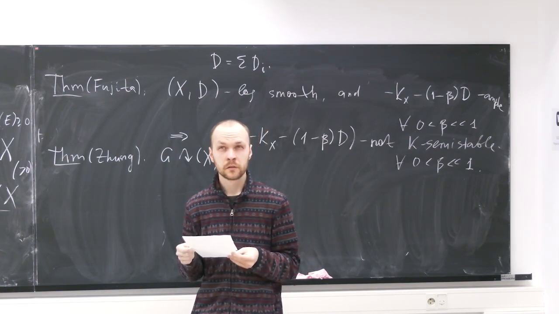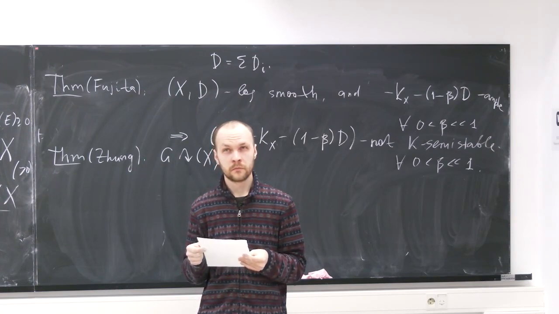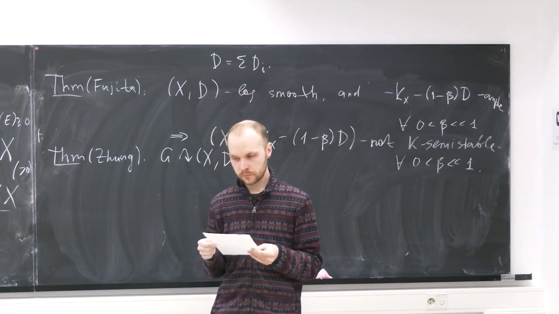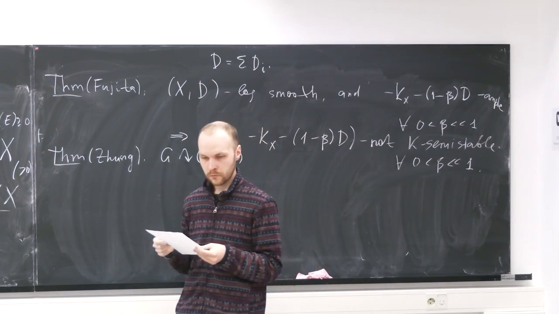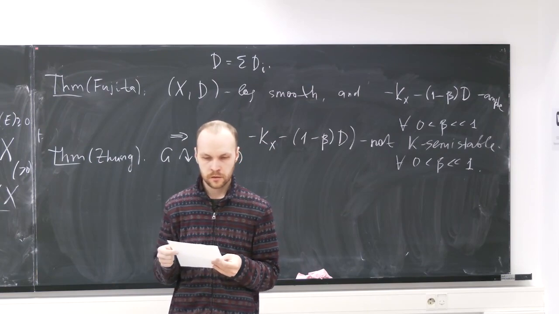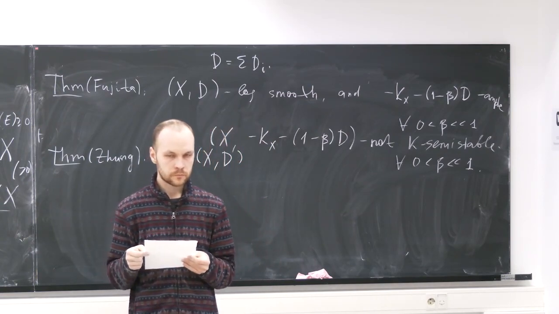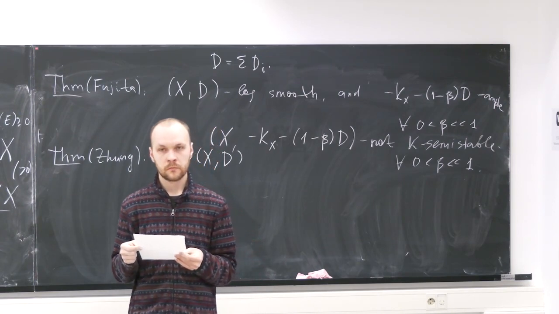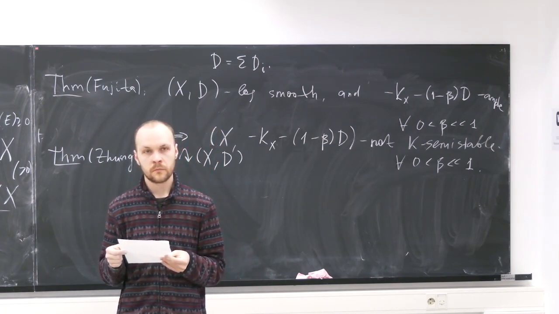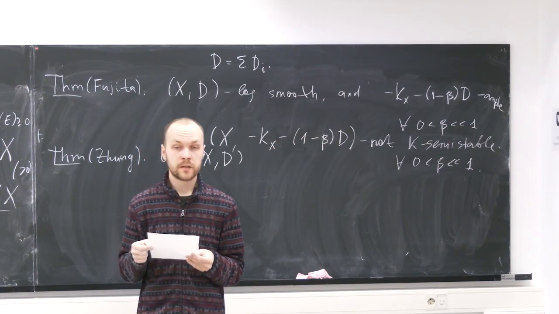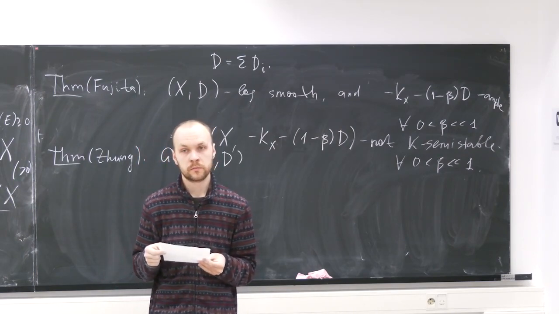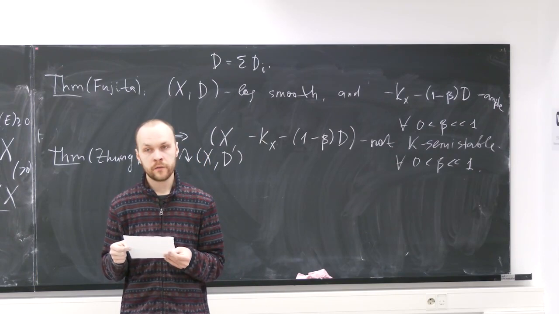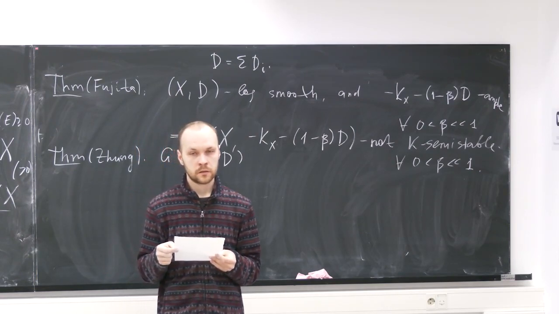Let's just take the case where D is an element of minus K. Then the first condition is automatically satisfied. But beta is small, it means minus K minus (1 minus beta) D is very close to 0, yeah? Right. And minus K minus D in your case is 0, so it is not big. But I think in this case, it's actually K semistable.